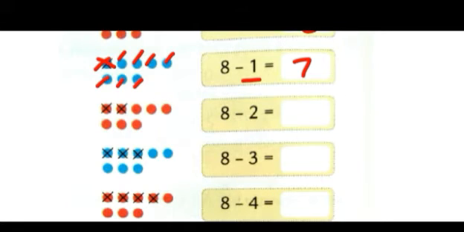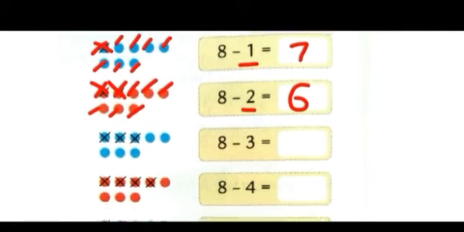Again, total 8 red dots are there. And out of that, 2 dots are crossed because we have to subtract 2. So, when we cross 2 dots, now how many dots are left? 1, 2, 3, 4, 5, 6. 6 dots are left. So 6 in the given space.